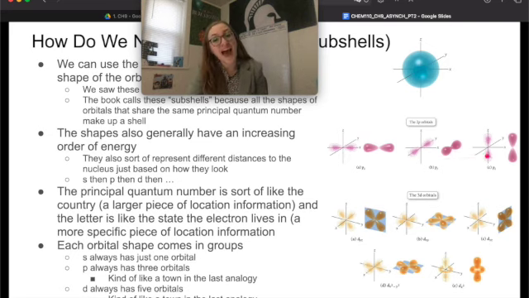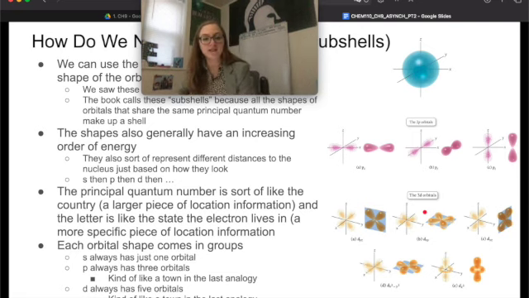So that's a little bit higher in energy. They tend to be a little bit further away than the electrons in an s orbital. And in d orbitals, it spreads them even further out. It's less likely that the electron is going to be very close to the center of that atom.